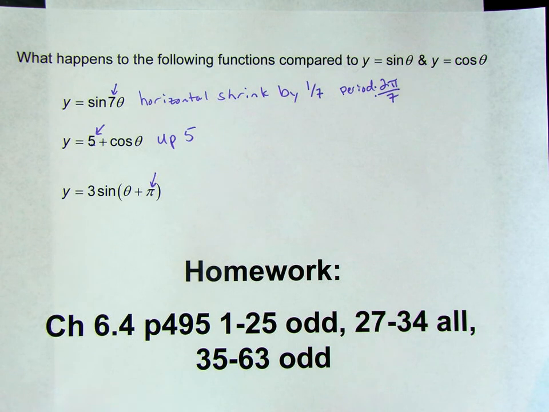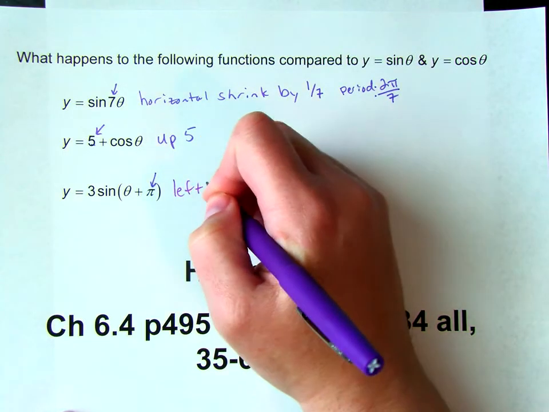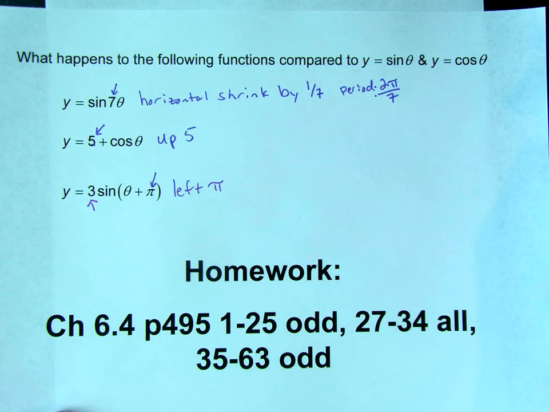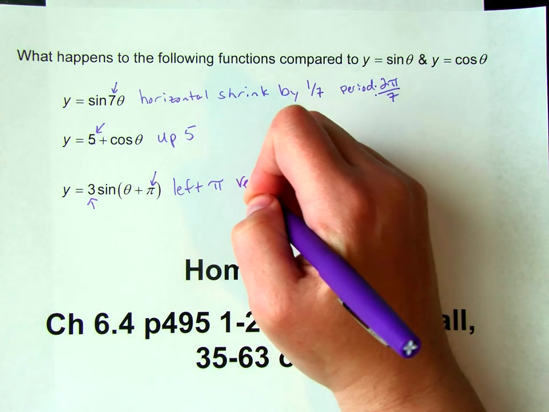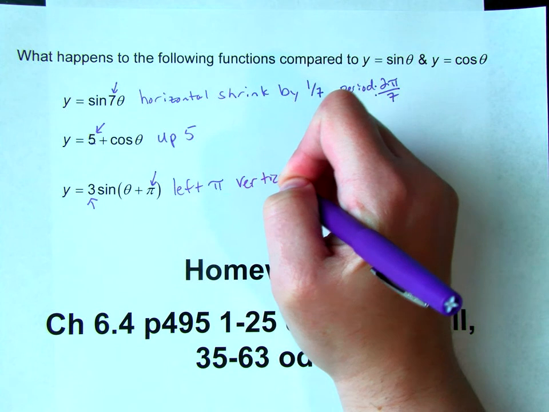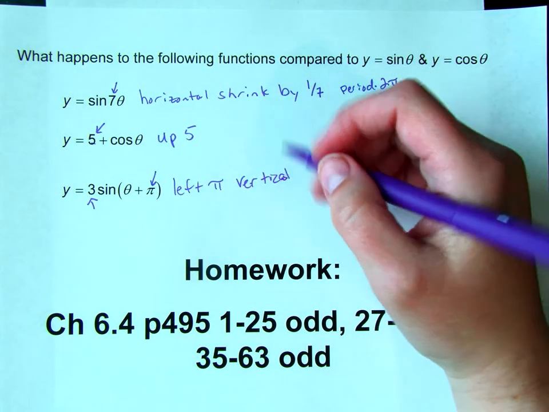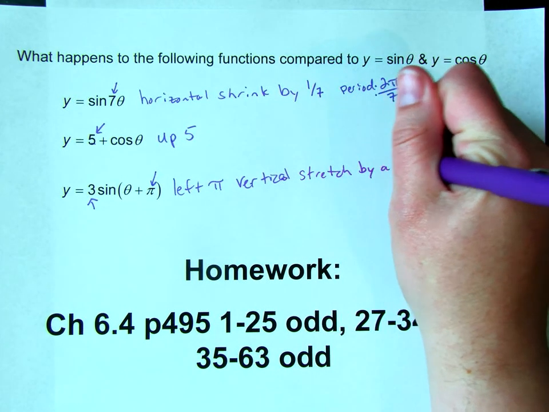And it's inverse of what we think. We normally think plus is right, so that means we are moving left pi. The 3 on the front end, that is multiplication, so that is a vertical. And since it's multiplication, it's a stretch or a shrink, so outside acts normal, so it's a vertical stretch by a factor of 3.